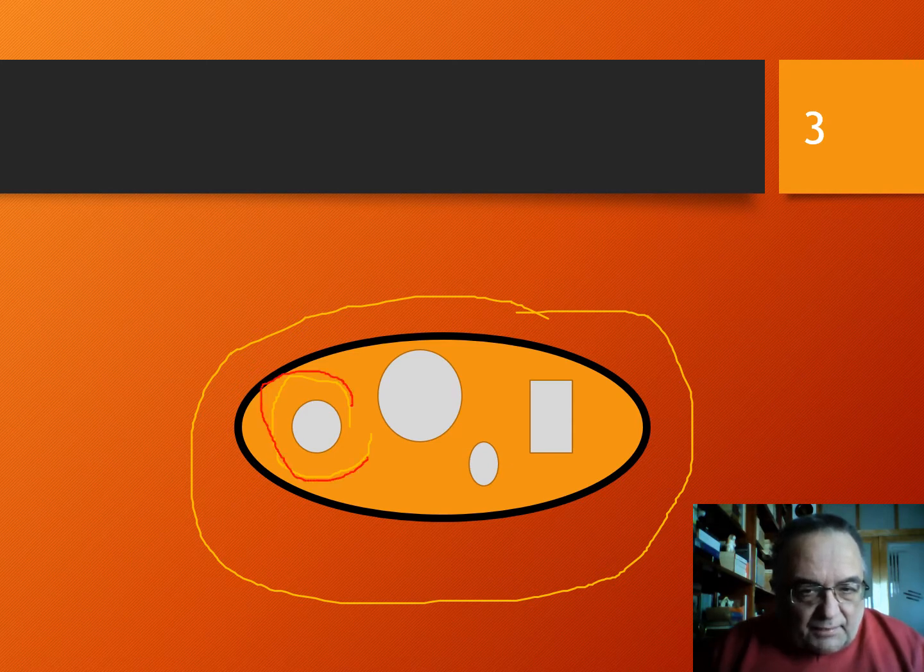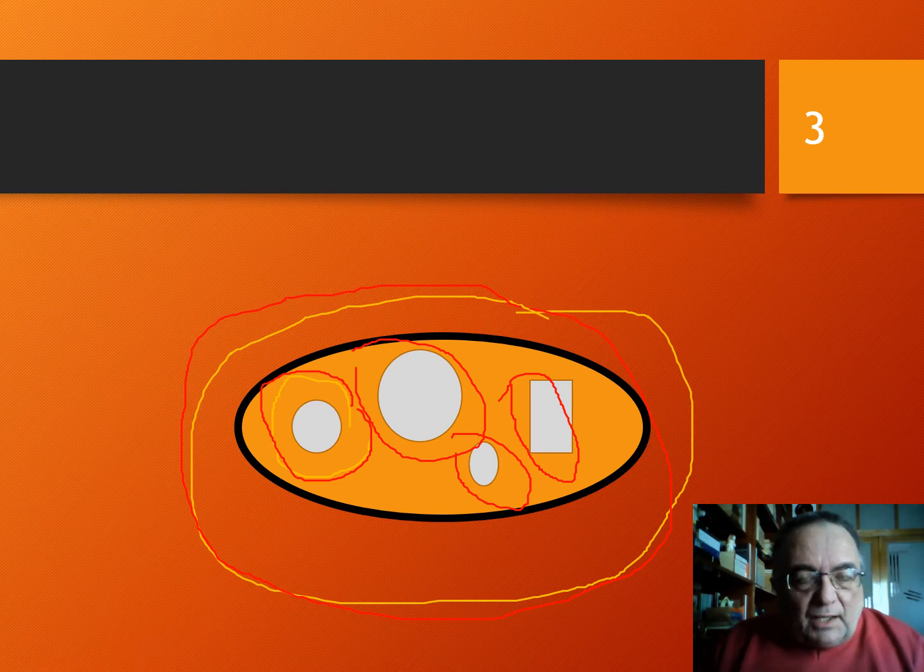So like this one, or this one, or this one. But we're not so much interested in them themselves as we're interested in the whole structure, the global entity which is given by these components.